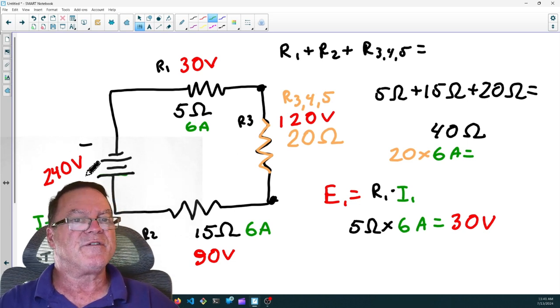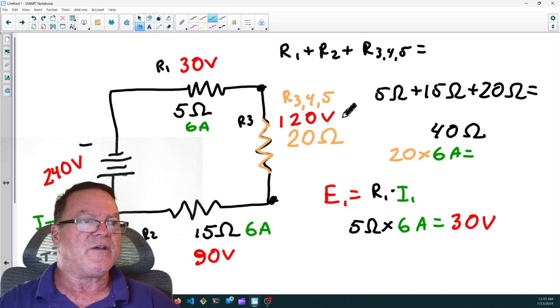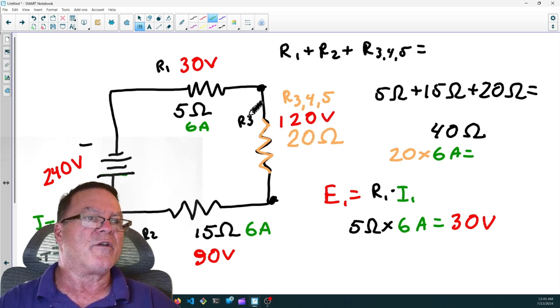Or we could have said 240 minus 90 plus 30. 240 minus 120 equals 120. So we have 120 volts dropped across these resistors. Well, R3 and then R4, 5.